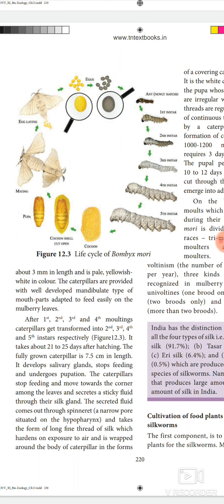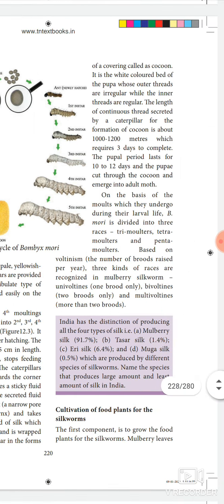After the fifth instar it forms the cocoon. After cocoon formation, the pupa is formed. Then mating occurs, meaning both male and female copulate. Then egg laying: the female starts to produce eggs, taking 1 to 24 hours. So this is the life cycle of Bombyx mori.